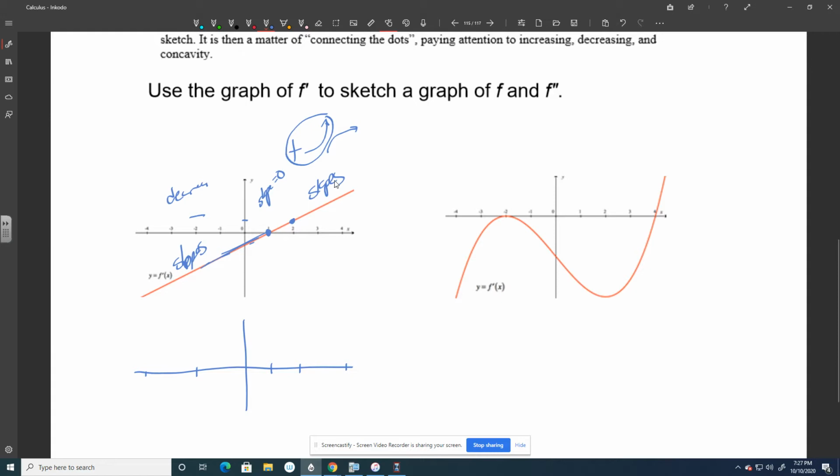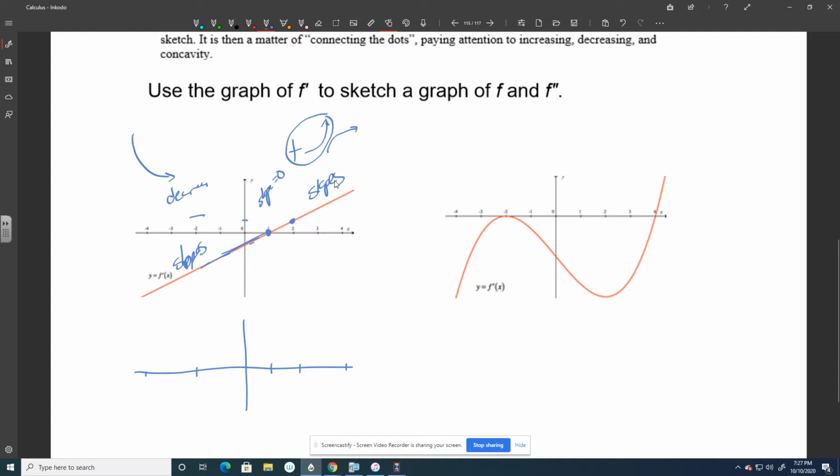So as I decrease to the left, it's going to be a little bit negative, but then my slope is going to get more and more negative. Coming from the left to the right, I've got a really big slope, and then it gets lower and lower and lower. So my slope starts out super negative, and then it flattens out to be just a little bit negative. And then I know right at 0, that's going to change.